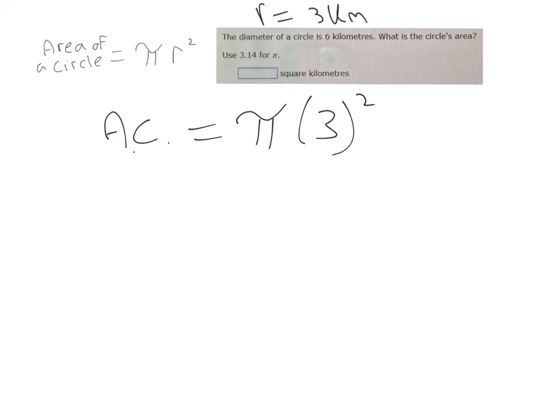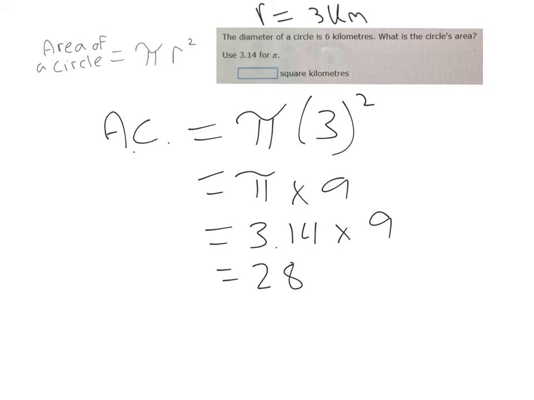So exponents first. 3 squared is 9. So pi times 9 I'm going to do on my calculator. 3.14 times 9 is going to be somewhere around 27-ish. And our answer comes out to be 28.26 kilometers squared. So that's my area of the circle.